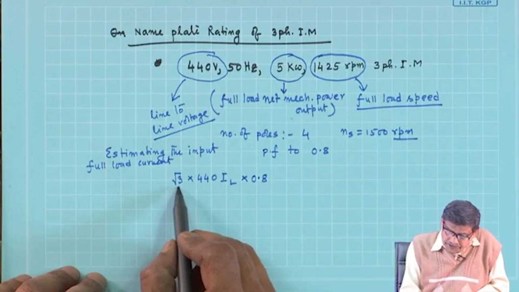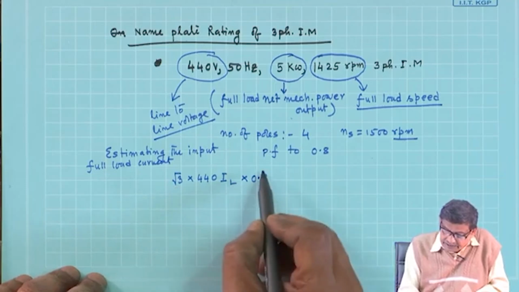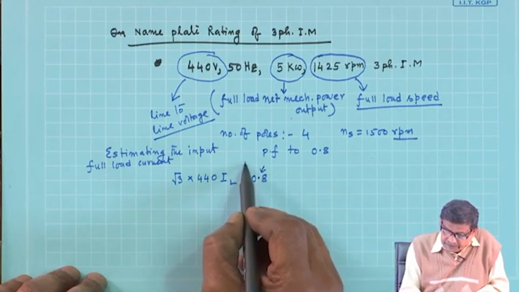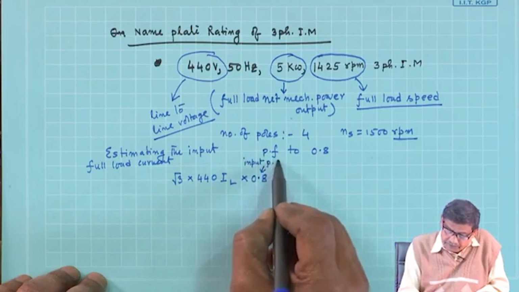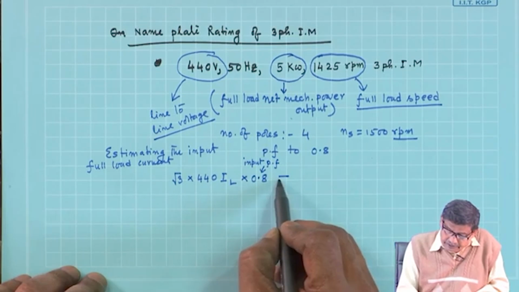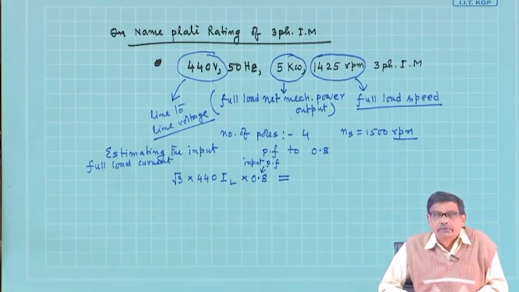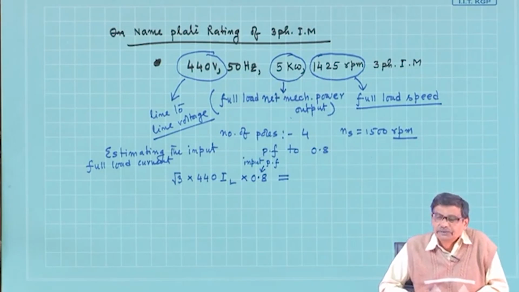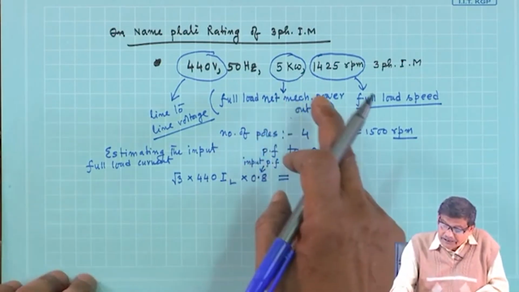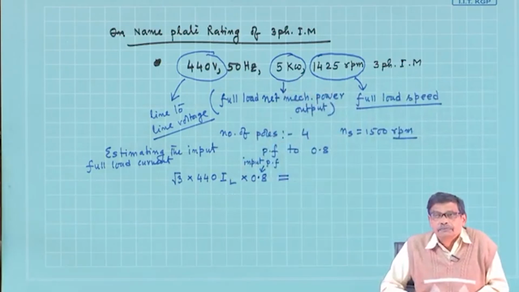Therefore, √3 V_LL I_L times the input power factor, which I have assumed even if it is not given, should be equated to what? Should it be equated to 5 kilowatt? No, 5 kilowatt is the net mechanical power output.